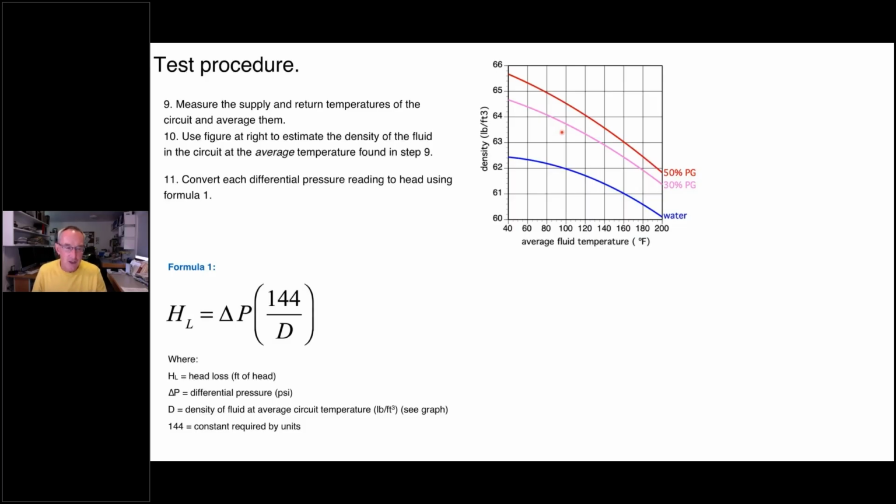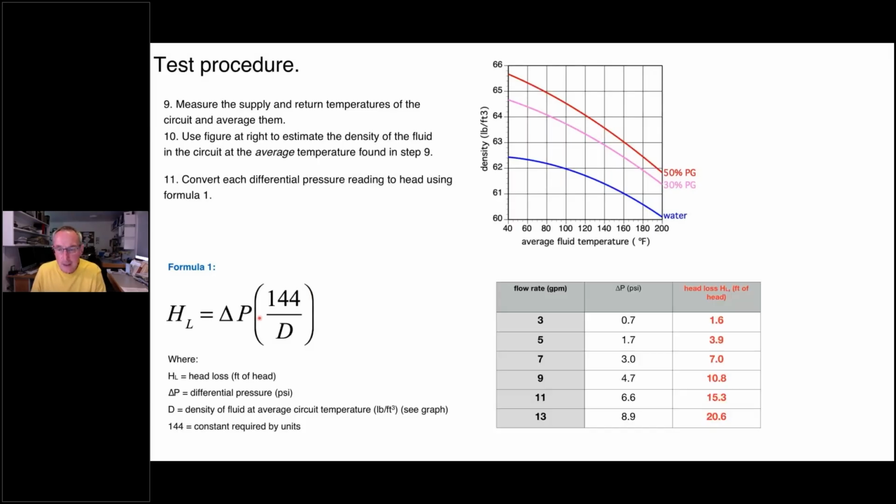So this is a more accurate way to convert from a differential pressure reading over to a head. And it's not hard. You measure the temperature of the circuit, you go to a chart knowing the fluid that's in the circuit, you look up the density, and you just run it through your calculator.